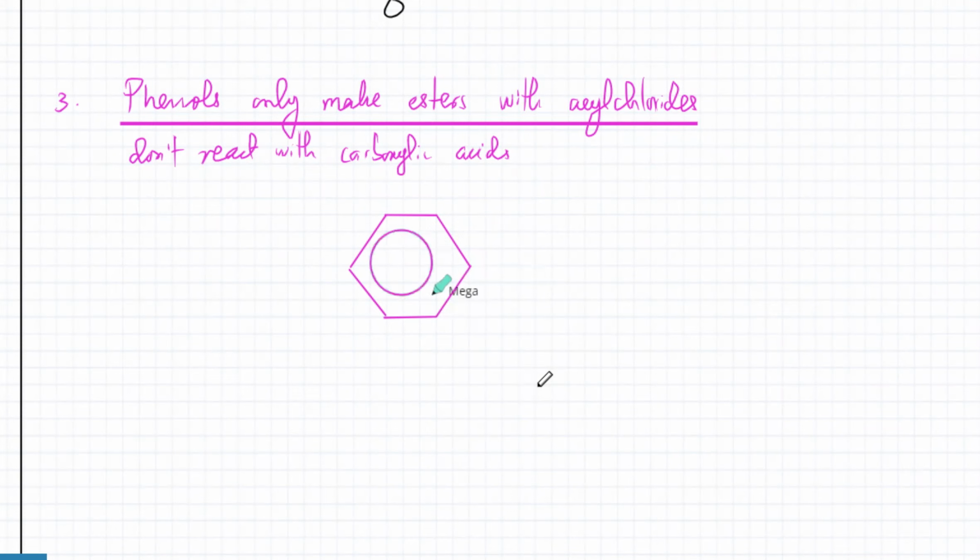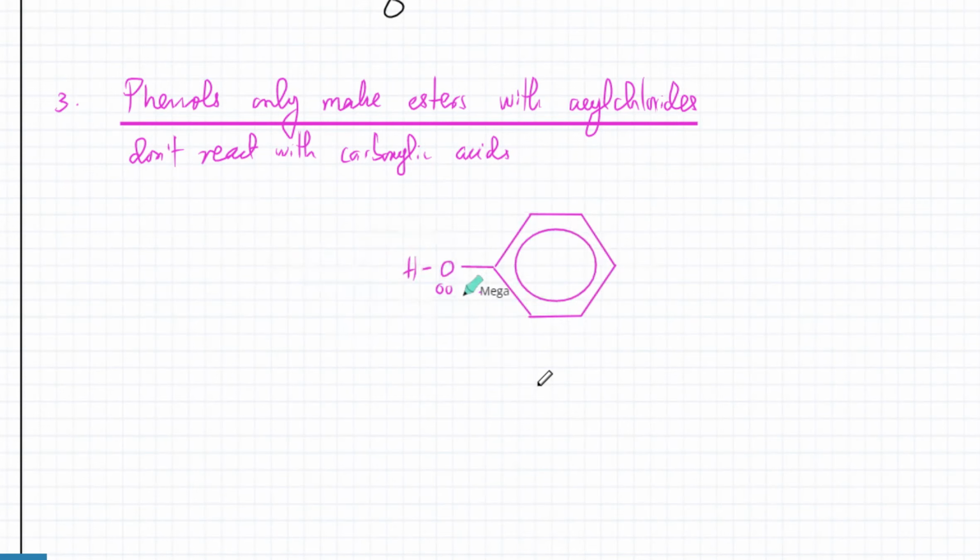So you've got an OH, and there's a lone pair on this OH, but that lone pair isn't really there because its charge density decreases as it mixes with benzene's pi electron cloud. So the other molecule, our acyl chloride, has to have a very strong positive charge.